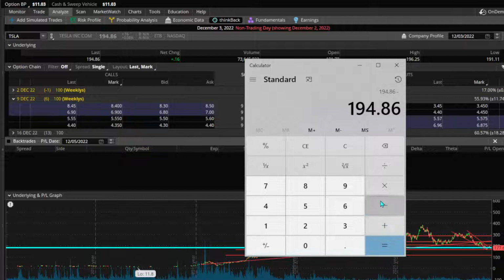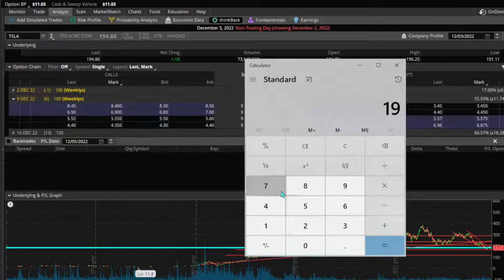And then you subtract the implied move. Notice that there's a plus or minus there. So there you go, 183.12. That's the lower implied move as told by the options market. Now what is the higher implied move? The higher is basically just adding it.